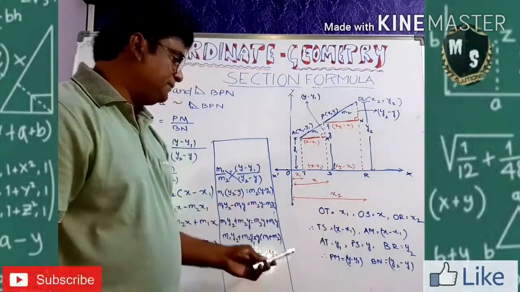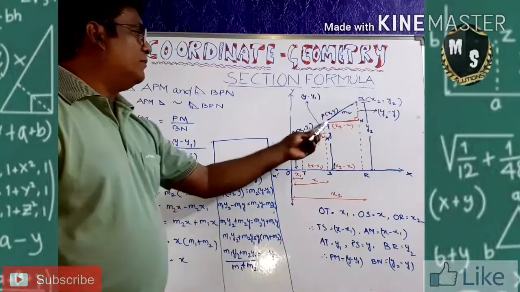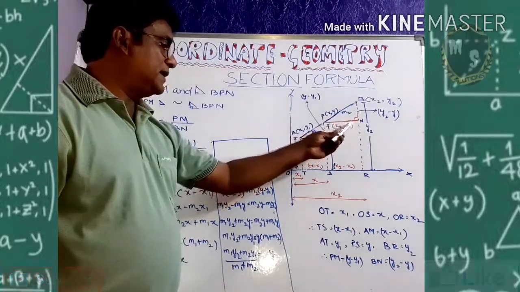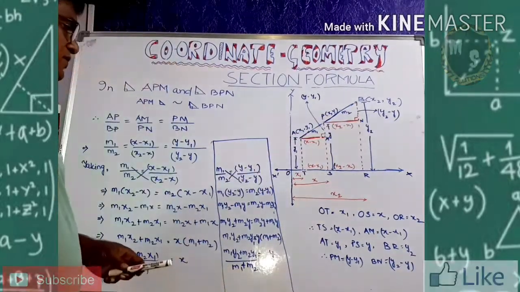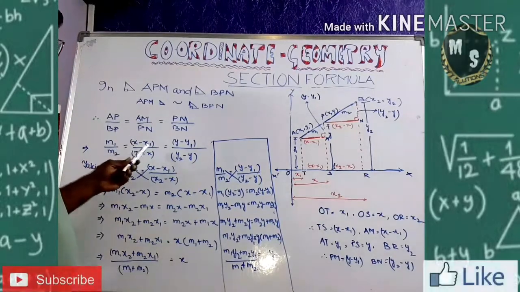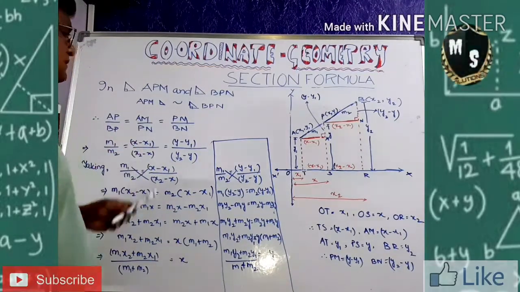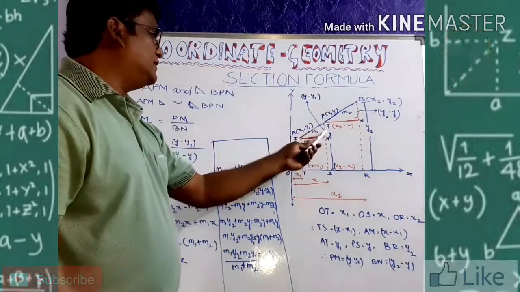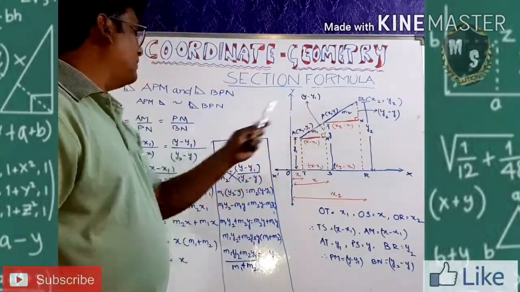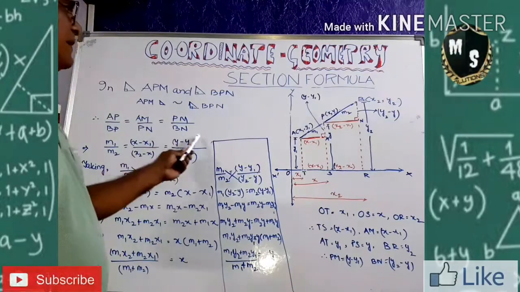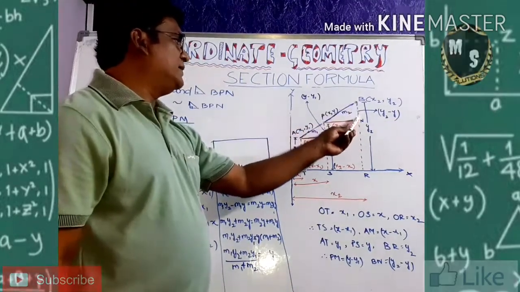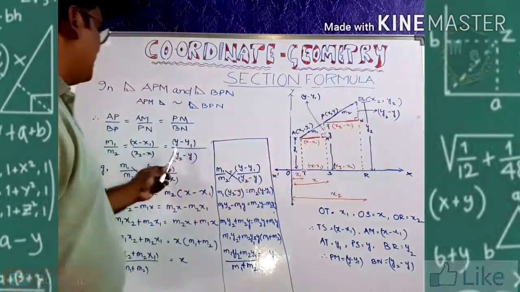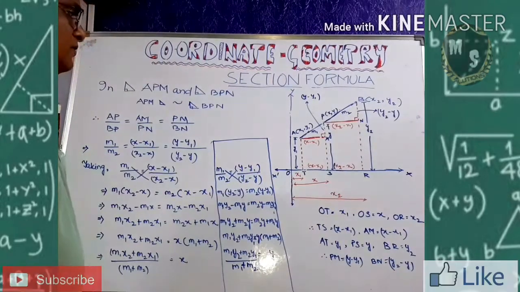P to N is X2 minus X. Then what is PM? P to M is Y minus Y1, by what is BN? B to N is Y2 minus Y. Clear now?